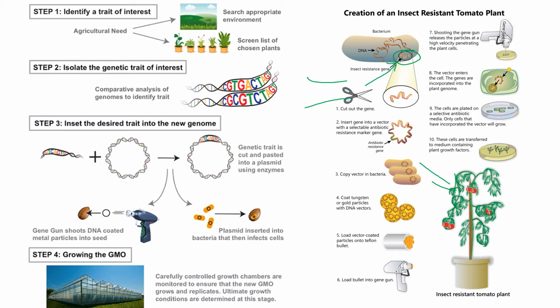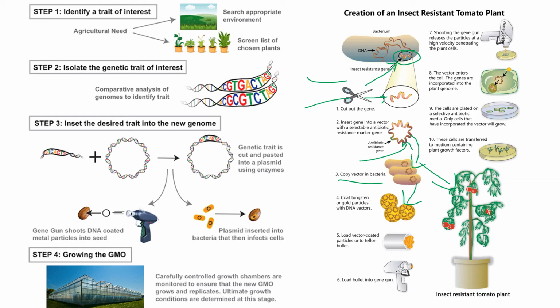So the first step is to cut that particular gene from the bacterial pathogen and insert that gene into a vector molecule, and this molecule is allowed to grow in bacterial cells so that the number of copies will be multiplied. Once you have enough of this recombinant DNA molecule along with the bacterial endotoxin gene, we will coat that vector on gold or tungsten particles.